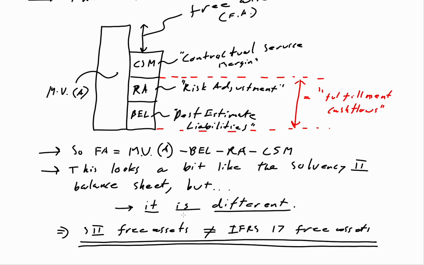So that's the first, most important conclusion. This bit here is going to be different between Solvency II and IFRS 17. Okay, let's take a break there and come back in the next video.